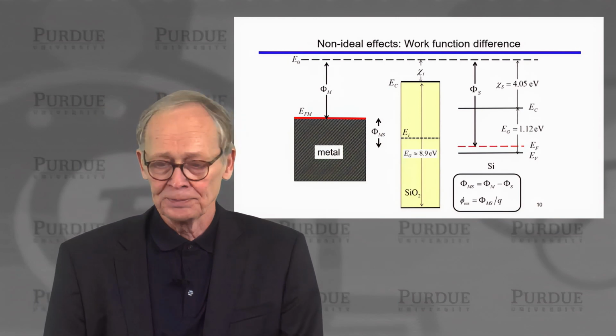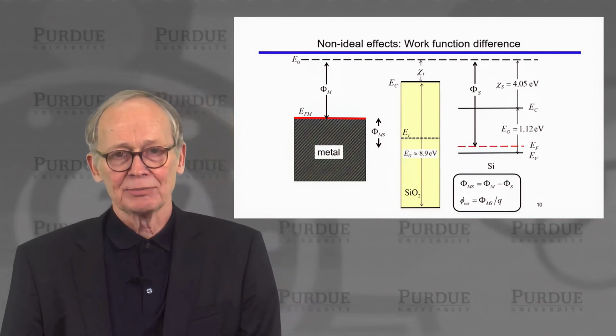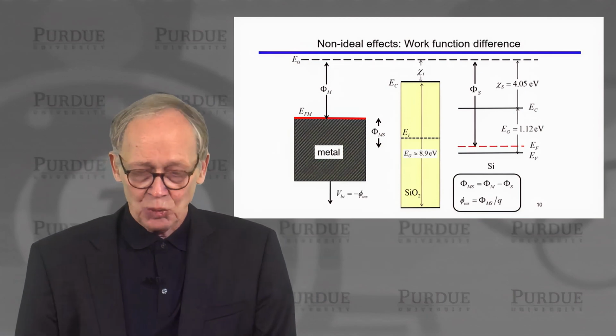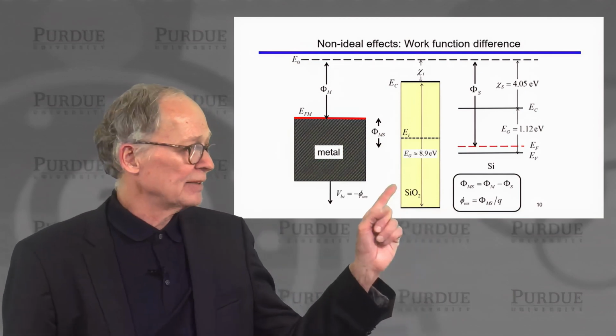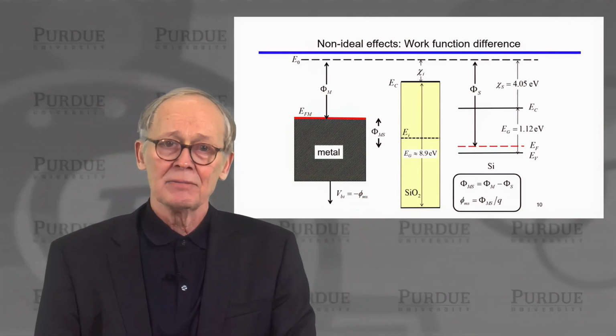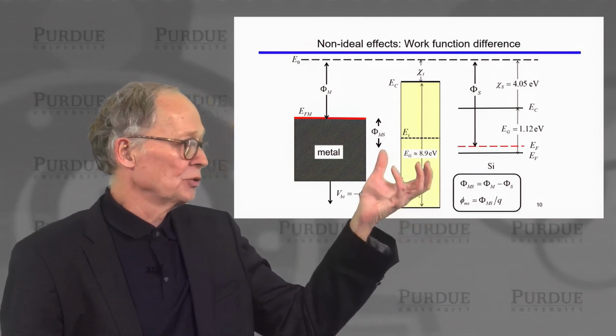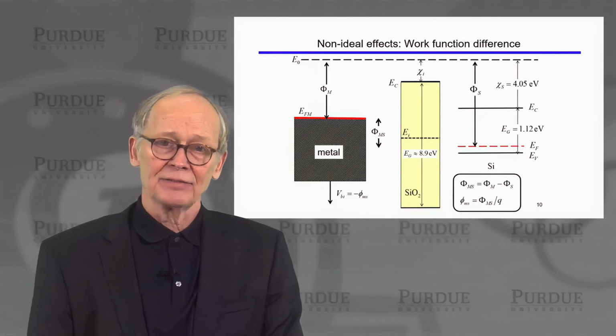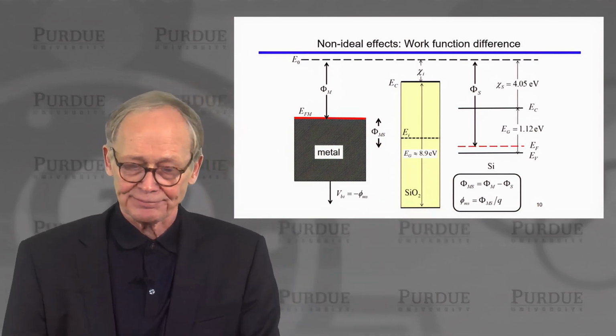is important to know. We can also express it as small phi sub ms in units of volts. And what we conclude is that a positive voltage equal to minus phi ms must develop in order to pull the Fermi level in the metal down and align the Fermi levels in equilibrium.